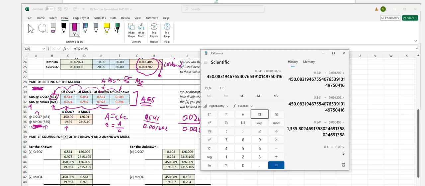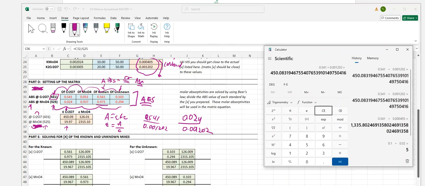So I'll bring up the calculator. 0.024 divided by, and this is chromium sample at manganese's wavelength. That's how I read this chart. So the concentration of chromium is still 0.001202. And I get 19.97.